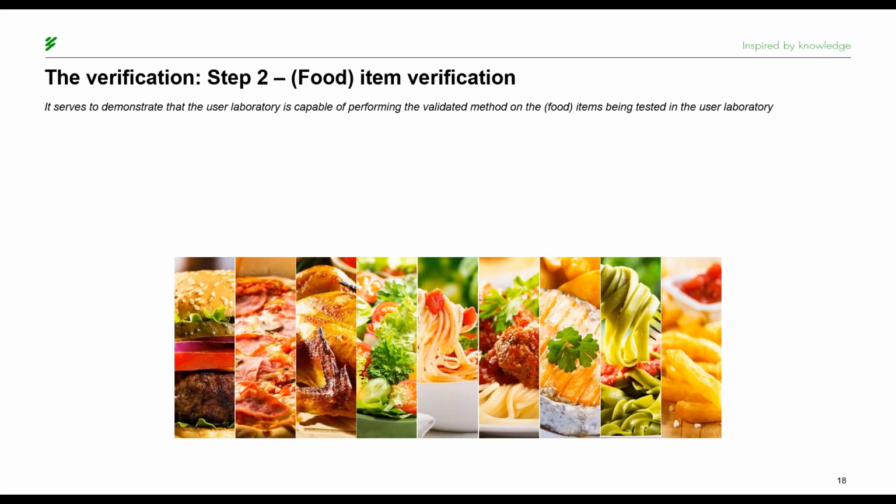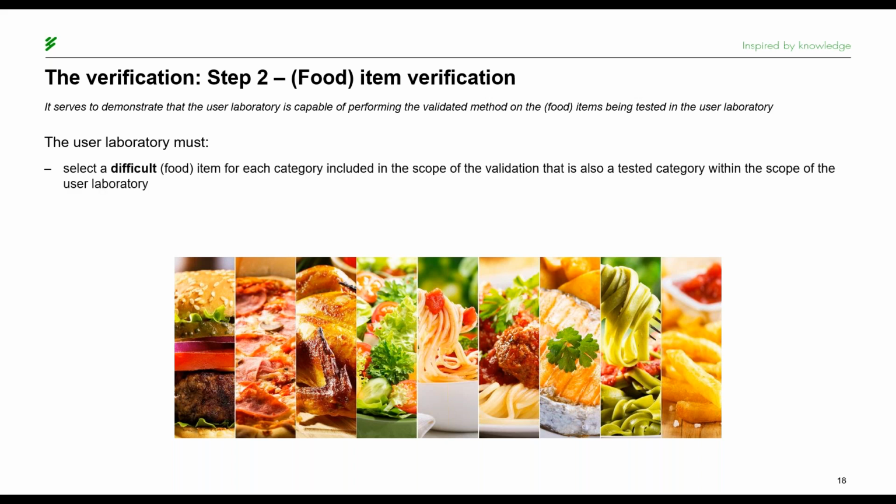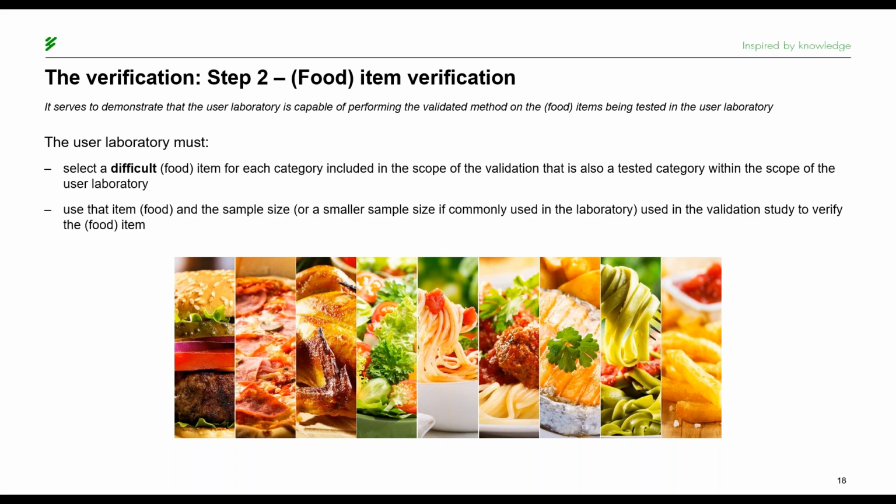Continuing with step 2, which is the item verification, it is necessary, again, remember, to analyze a difficult item included within the scope of the validation, even if it was not analyzed during the validation, and always obviously within the scope of the laboratory. If not, this would not make any sense.